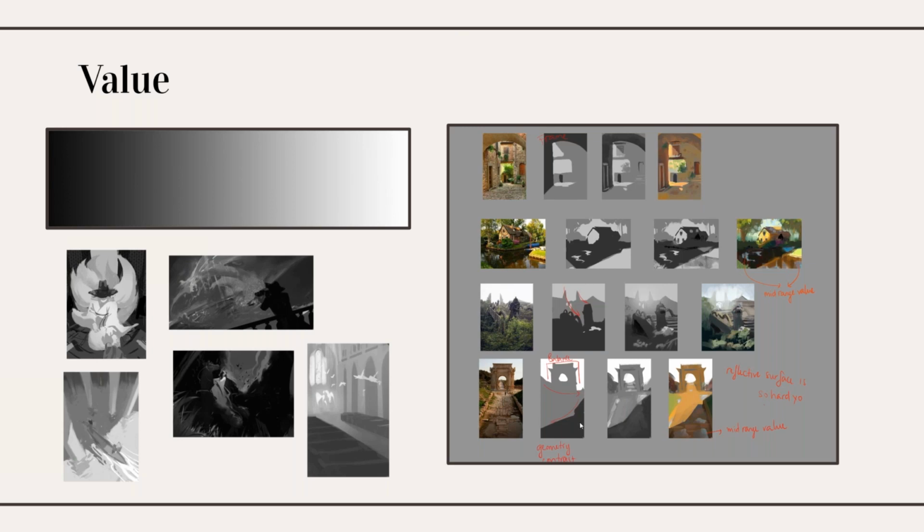So if you can see, these are the studies, photo studies, and thumbnail sketches that I did a while ago using only, say, 3 to 4 values at a time, and that gave me more room to think about the composition itself rather than the details.